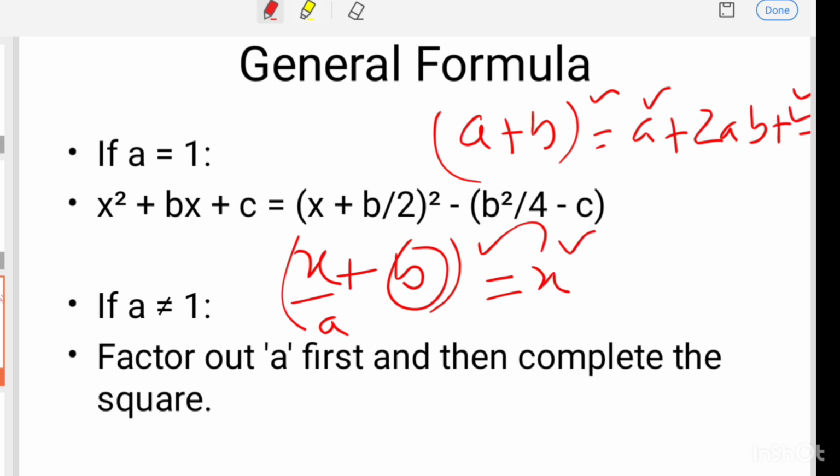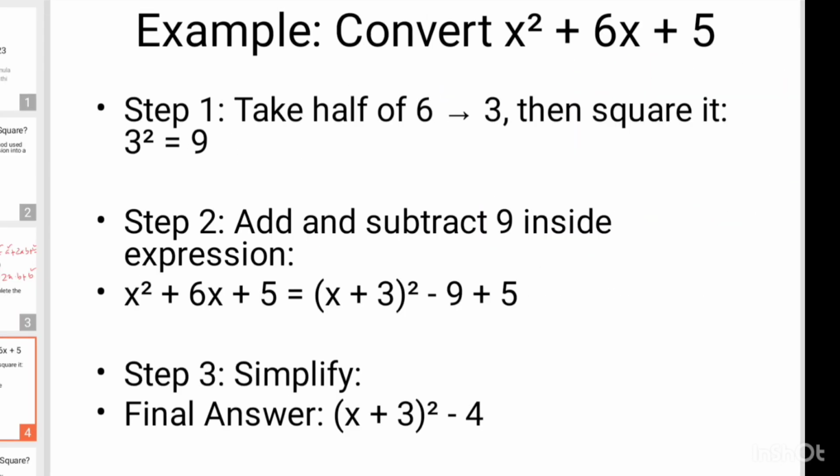Same here: x square, 2, a for x and b for b, and b square. If a is not equal to 1, factor out a first and then complete the square. So let's see one example.